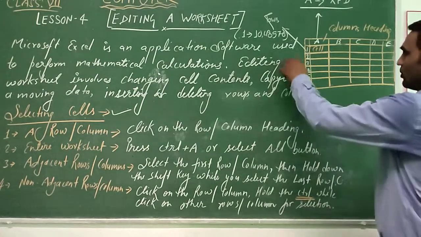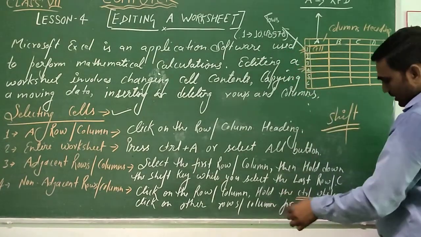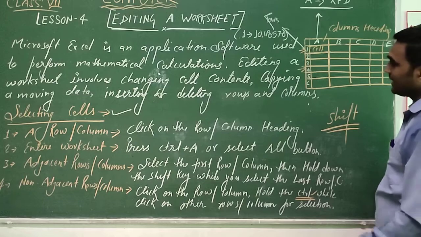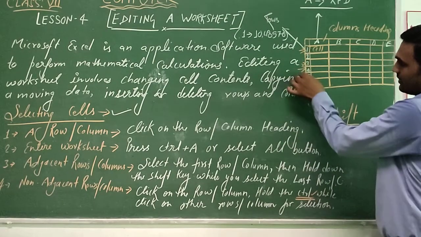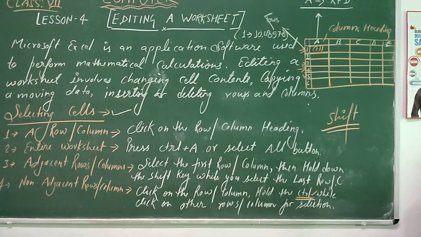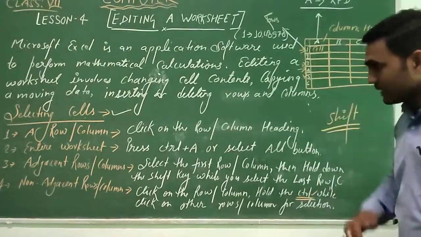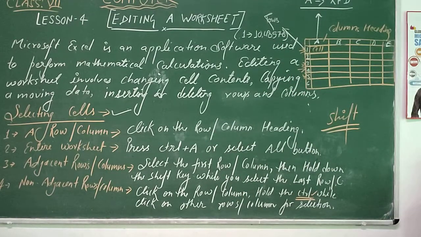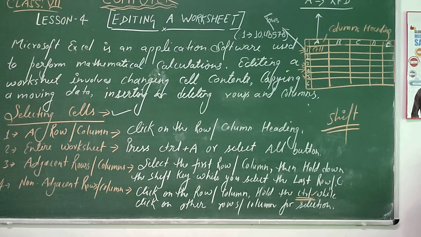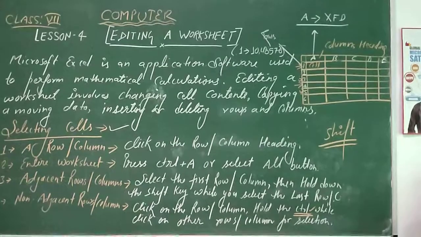So select any one and after that hold the Control key and then you can click any non-adjacent row and column. Okay, so this is the process to select any rows and any columns, adjacent and non-adjacent, and the entire worksheet.